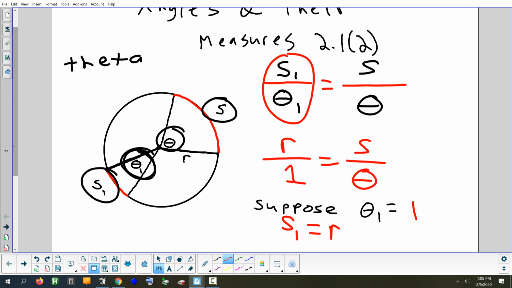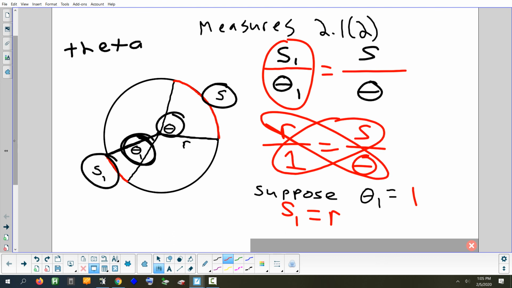Okay, I think I already mentioned it, but what do you do when you want to solve a proportion? You cross multiply. This times this equals that times that. So what's S times 1? S equals, and this you can't really do much with. It's just R times theta.